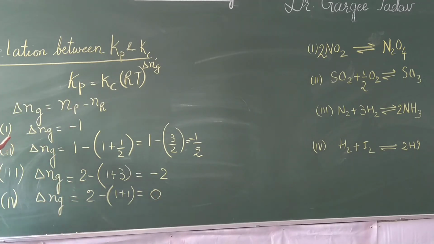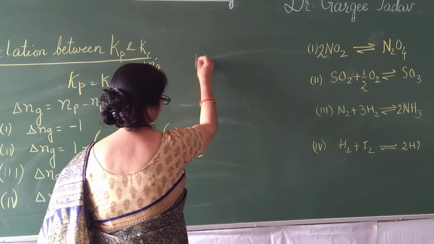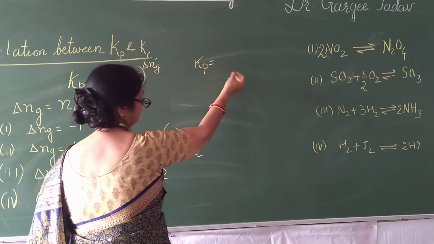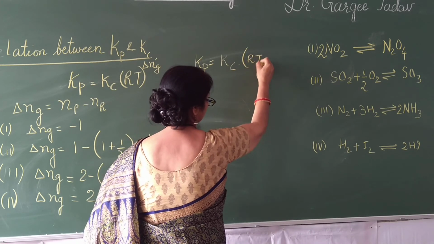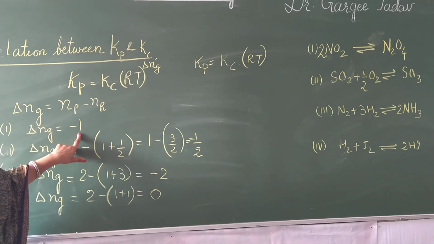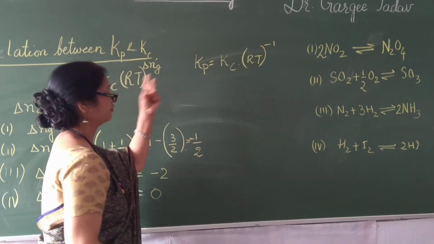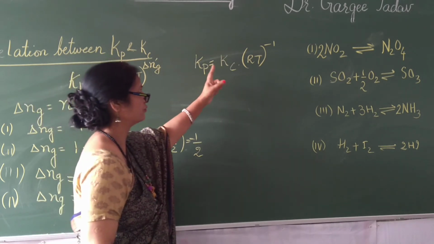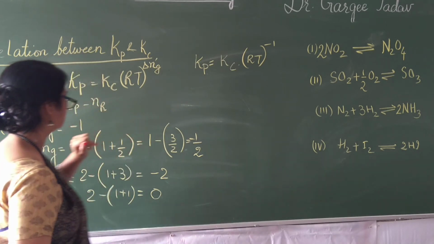So if we talk about the relationship, for the first one Kp will be equal to Kc into RT raised to the power delta Ng, and for the first one the delta Ng value is minus 1. If the value of Kp or Kc is given and the temperature is given, we can easily calculate the other one.